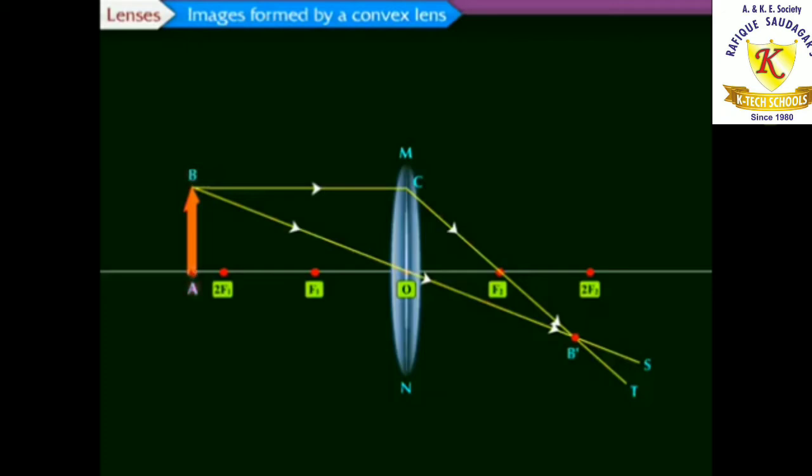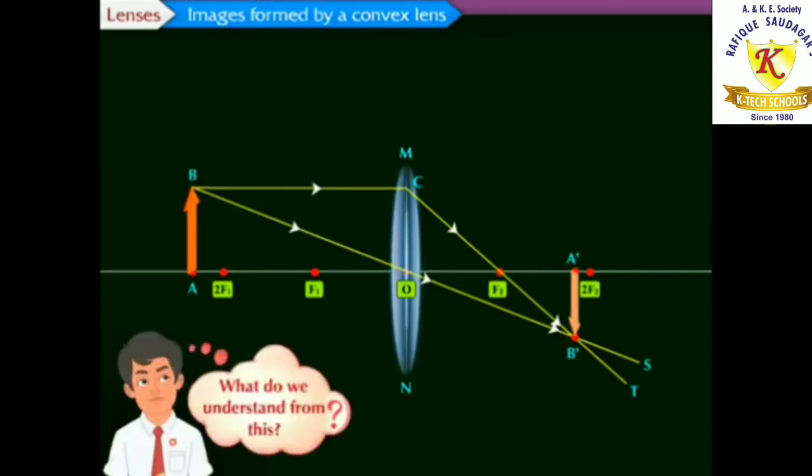As A is situated on the principal axis, its image will also be located along the principal axis, A' vertically above B'. Thus, A'B' will be the image of AB formed by the lens.